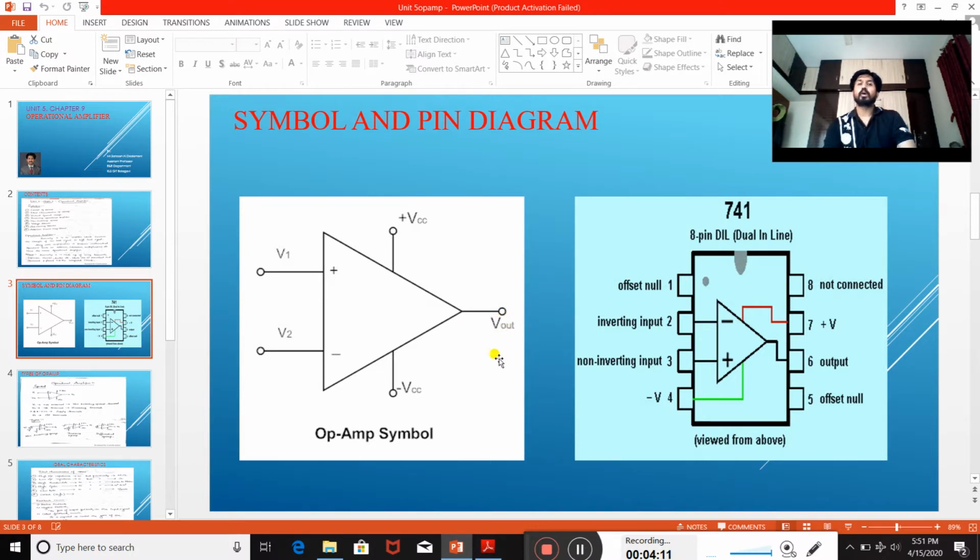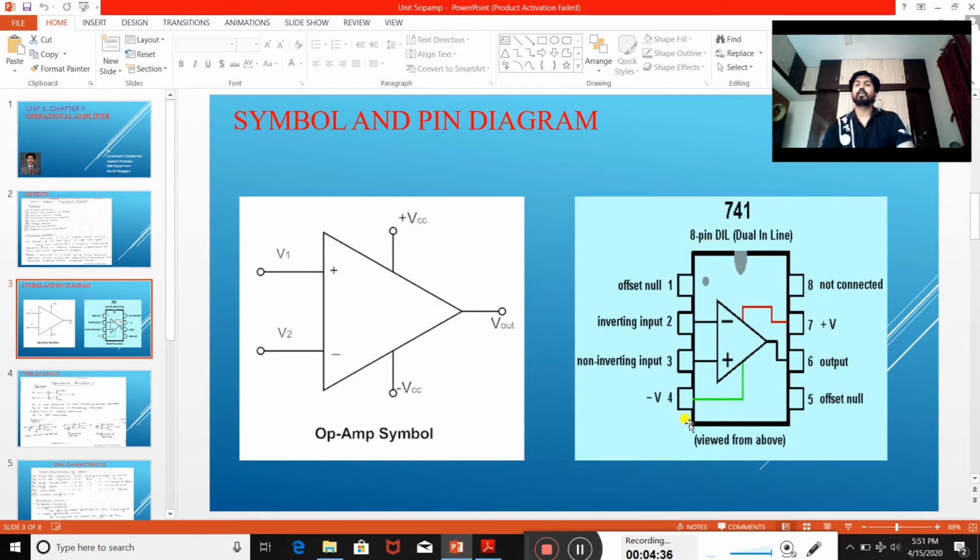Output will be collected at the output terminal. If you see the pin configuration of this IC, it consists of 8 pins in total, connected in such a way that 4 pins are on one side and 4 pins on the other side. Hence it is called a dual inline package, 8 pin DIL.